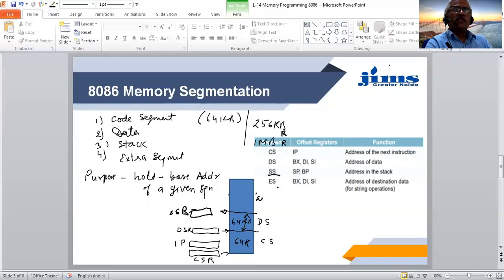The extra segment register can be used for string operations, and also if an extra segment is required, say for code, we can assign it for a code segment, in which case the IP, SI and DI registers will contain the offset for that segment.